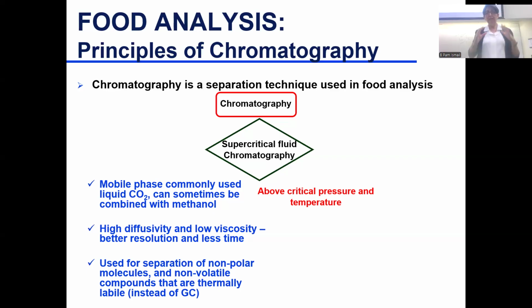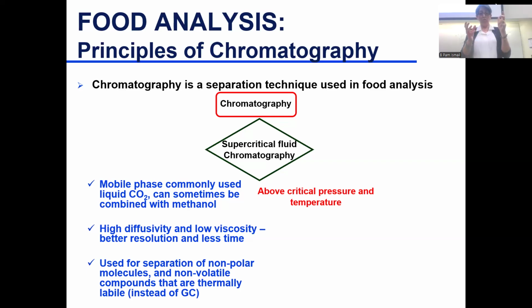So it enhances resolution, you get better separation, sharper peaks. So those are its advantages, and it's commonly used for compounds that are nonpolar, but they don't have thermal stability, and they are not volatile, so they're hard to analyze by GC.